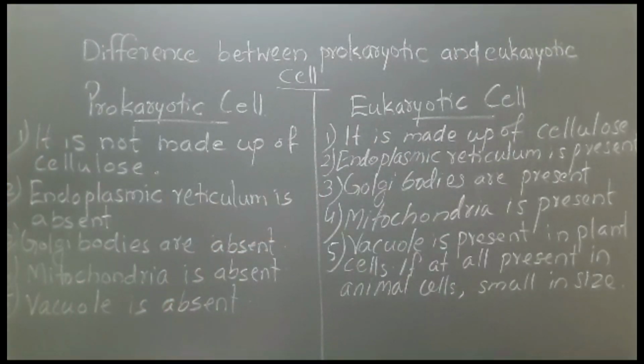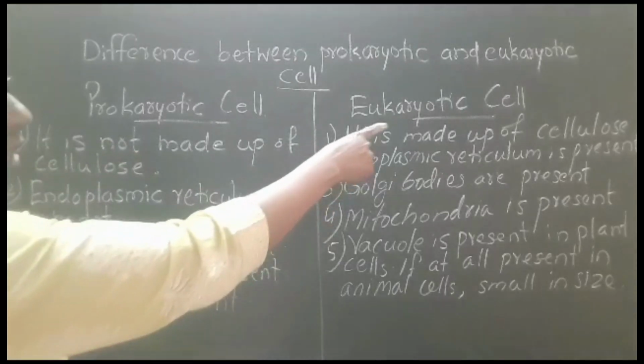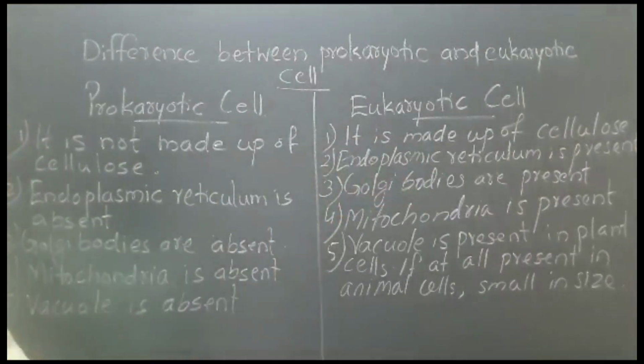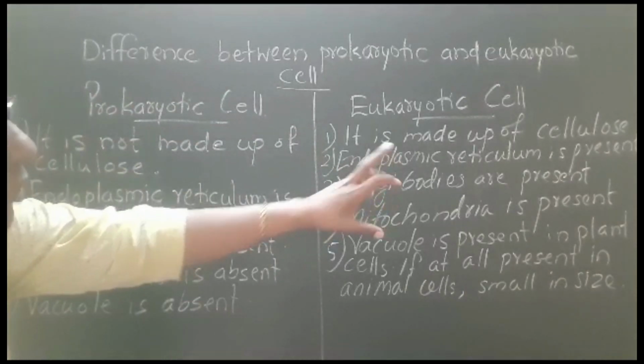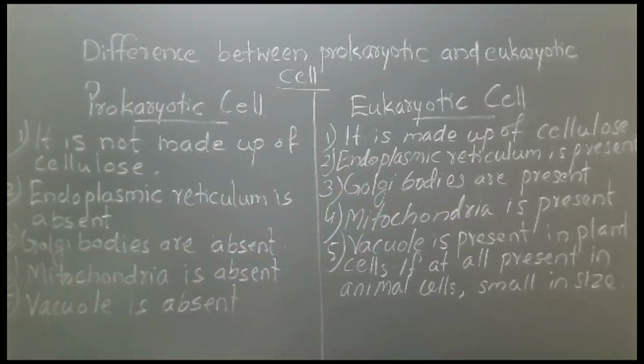First difference, prokaryotic cell is not made up of cellulose, whereas eukaryotic cell is made up of cellulose. Second one, endoplasmic reticulum is absent in prokaryotic cell, whereas in eukaryotic cell endoplasmic reticulum is present.